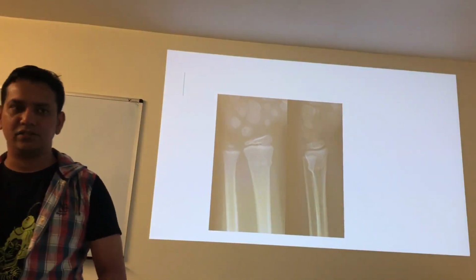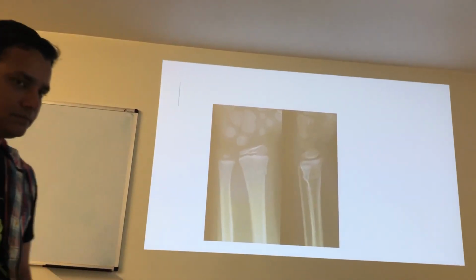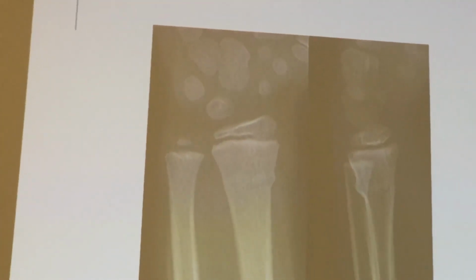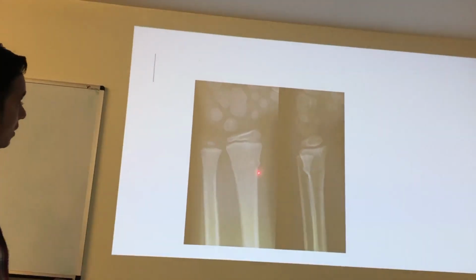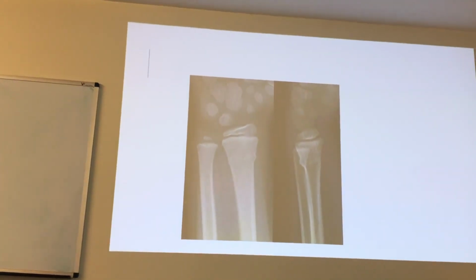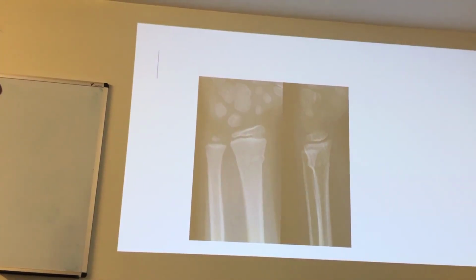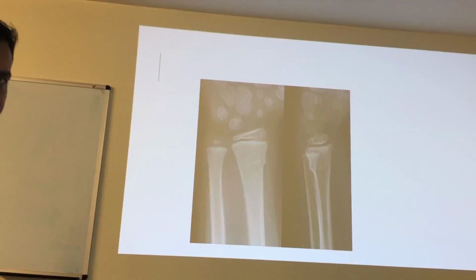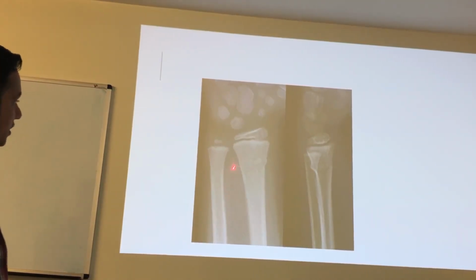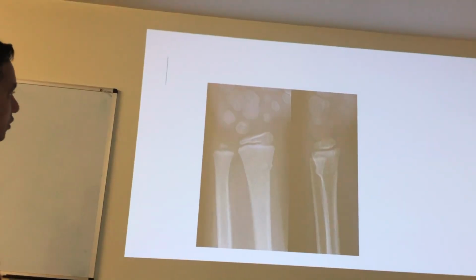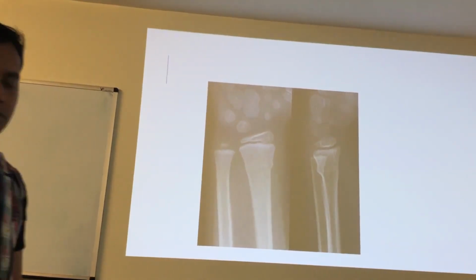Describe the abnormality on this X-ray. There's a buckle fracture. A cortical defect is seen at the distal radius, buckle fracture or greenstick fracture. If it was on both sides, it's not a greenstick, it's just a buckle fracture. What's the other name? Torus fracture.